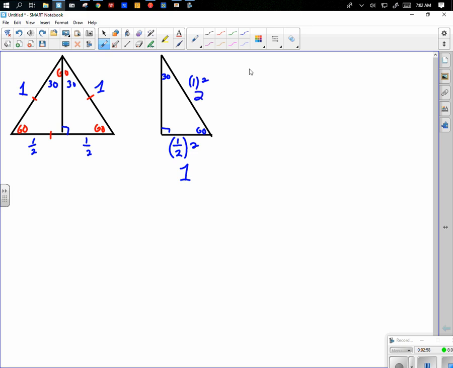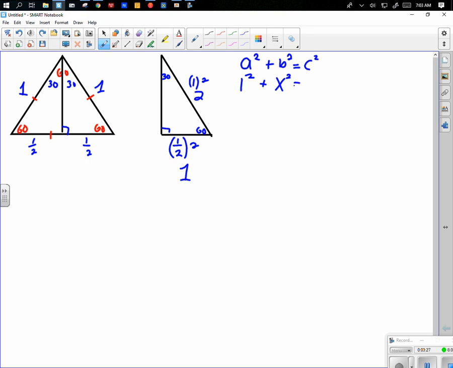Now using the Pythagorean theorem, a squared, one of the legs, plus b squared, the other leg, is equal to c squared, the hypotenuse squared. Now, give me one of the legs. Let's call that 1. The other leg, I don't know, so let's call that x squared.